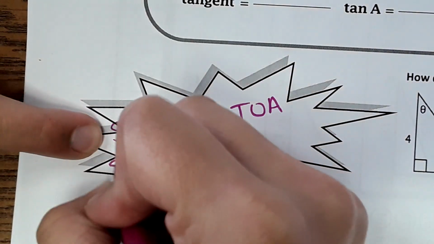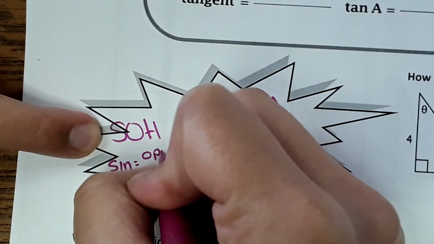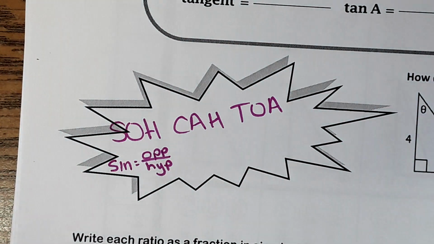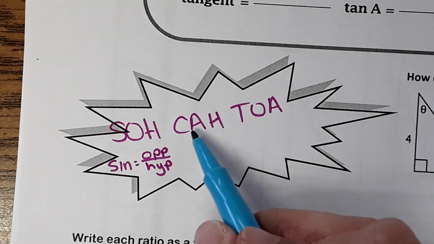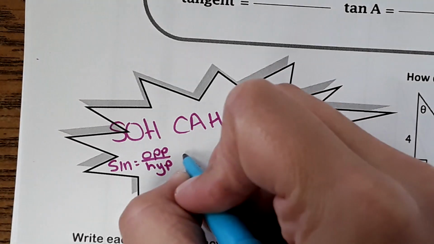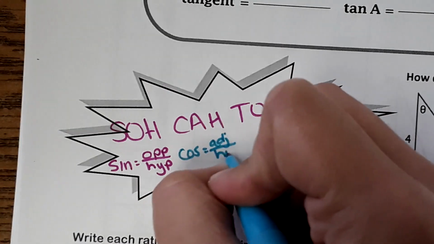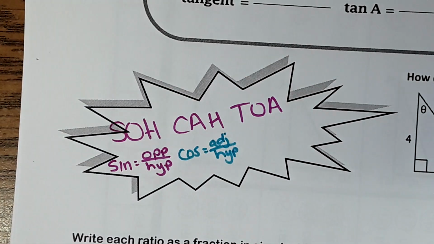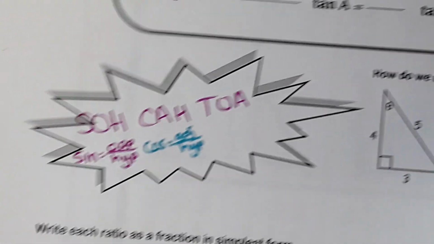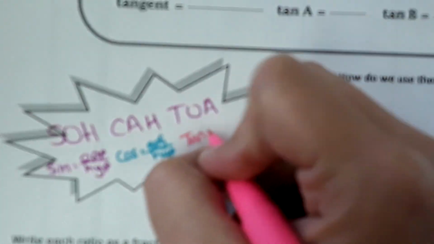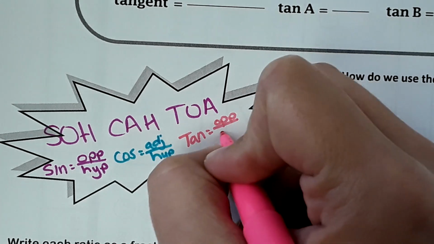SOH stands for sine equals opposite over hypotenuse. CAH is cosine equals adjacent over hypotenuse. And then TOA stands for tangent equals opposite over adjacent.